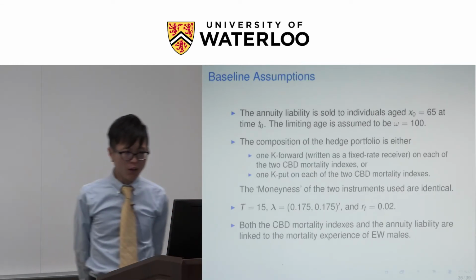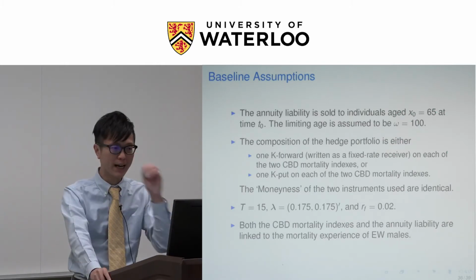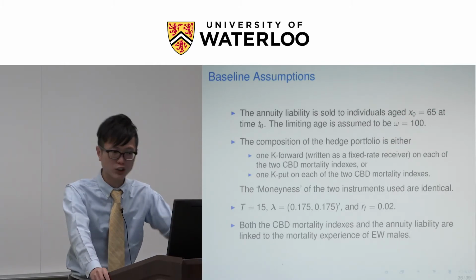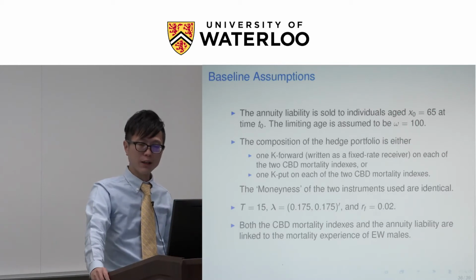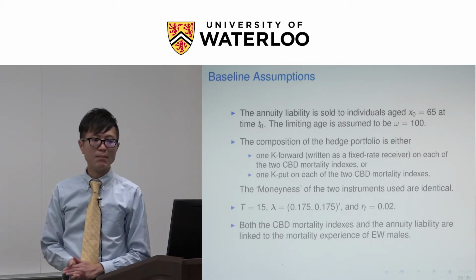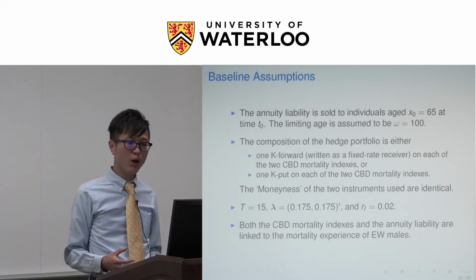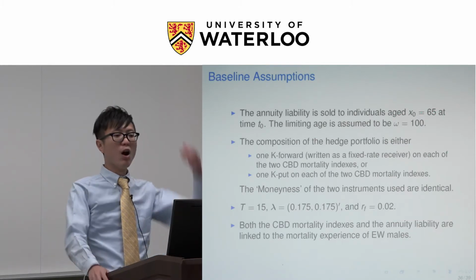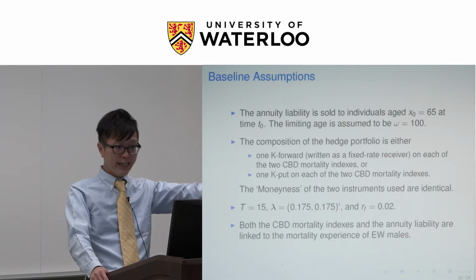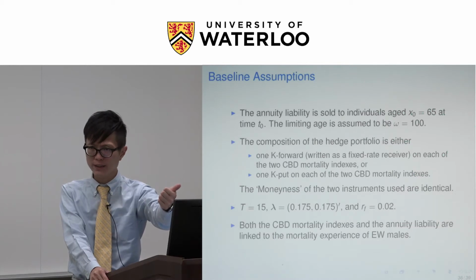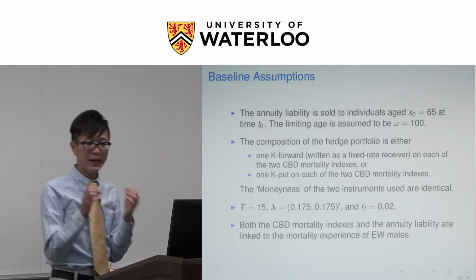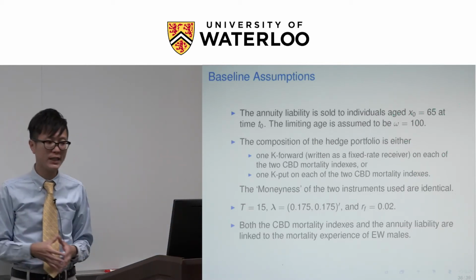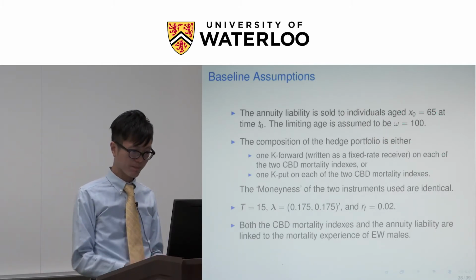Okay, so some further assumptions. I'm assuming that the individuals are all aged 65 at the beginning of the hedge. I'm assuming that the hedge portfolio is composed of either one K-forward on each of the two CBD mortality indices, or one K-put on each of the two CBD mortality indices.